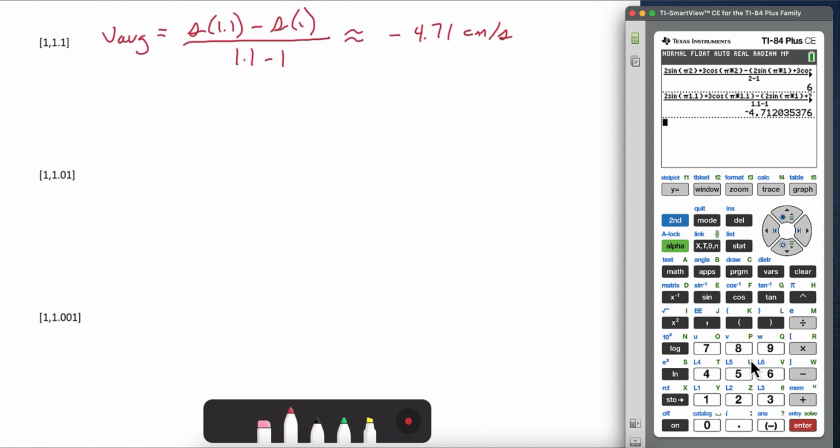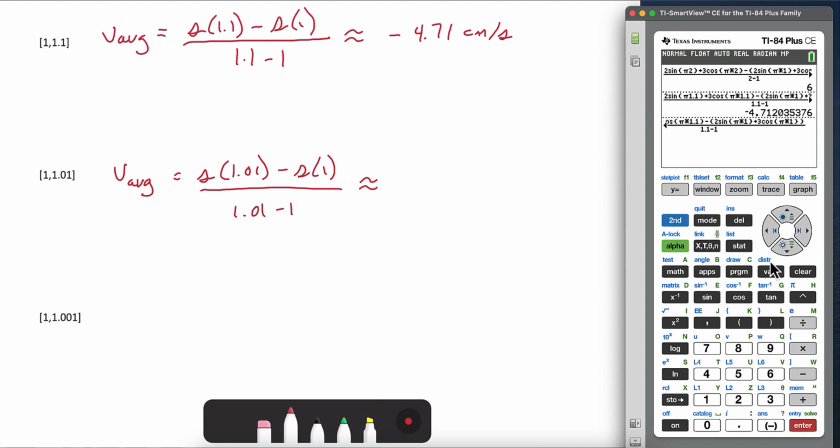In the next example, we have the average velocity s of 1.01 minus s of 1 all over 1.01 minus 1. Again, we'll use the calculator to calculate that. So second enter will bring up my previous command. I just need to go in and edit those time changes. So instead of 1.1, this time we want 1.01.